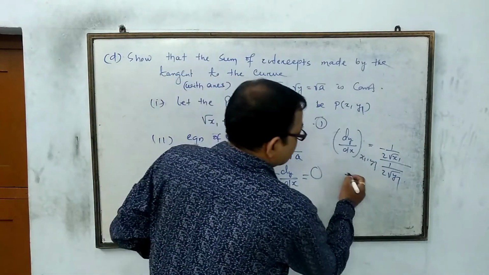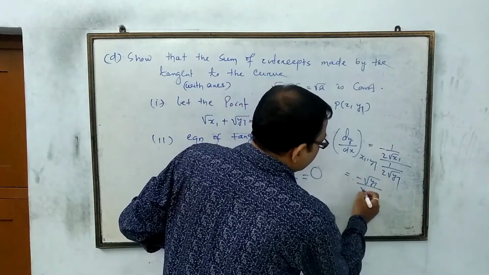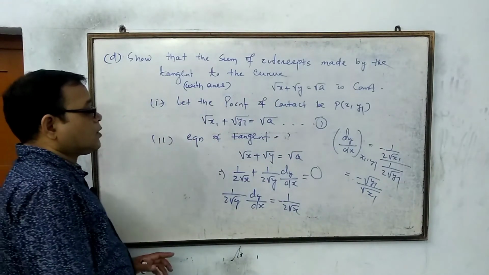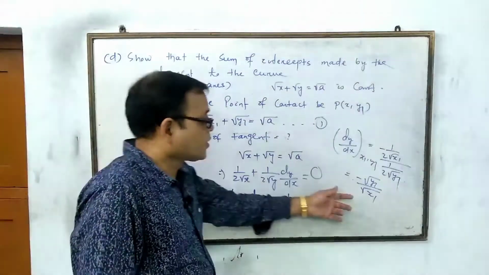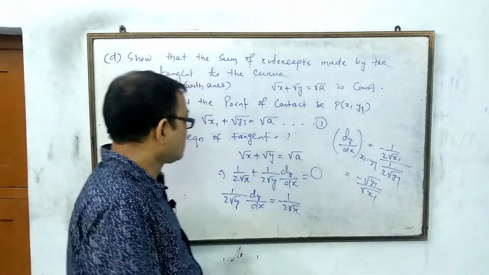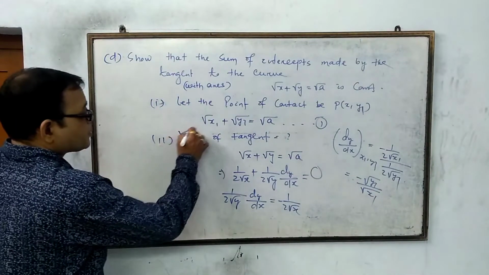So the answer is minus root over y1 by root over x1. We got it. So root x plus root y equal to root a. Sorry, the slope of the tangent is obtained. So now you have to find the equation of the tangent.